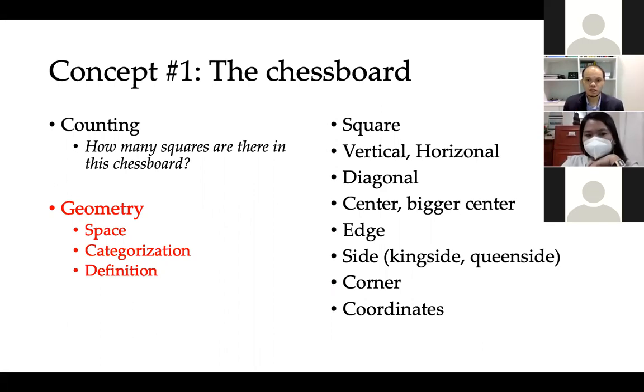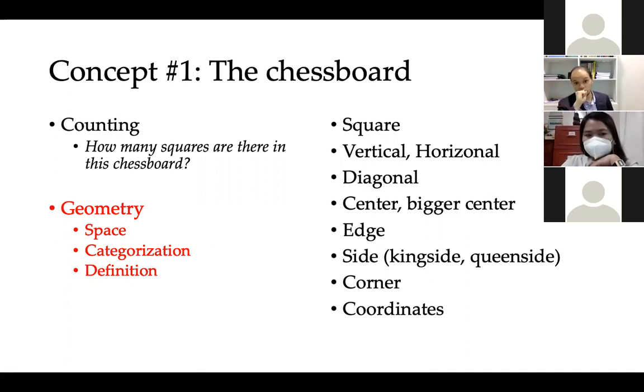Now you can talk about the center or the bigger center. So the center would be the 4 squares in the middle of the board. Later on, we'll talk about coordinates. If you have D4, D5, E4, E5, that would be your center. Or you can have the concept of a bigger center, which is the 4x4 square in the middle of the board, bounded by C3, C4, C5, C6, D3, D4, D5, D6, E3, E4, E5, E6, F3, F4, F5, F6.